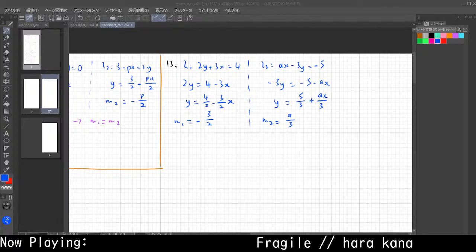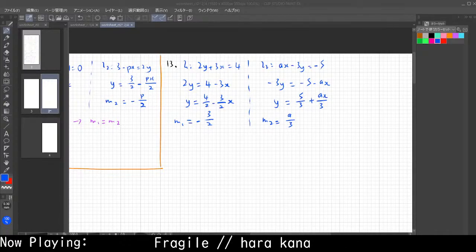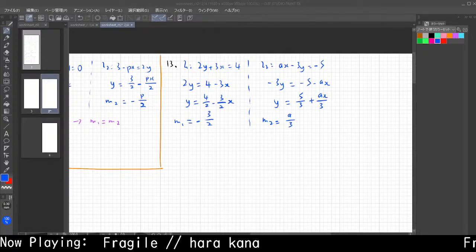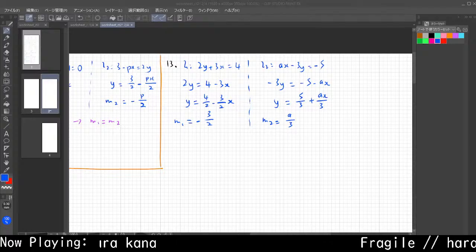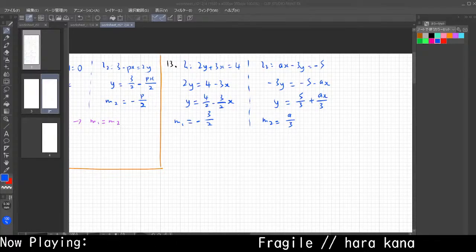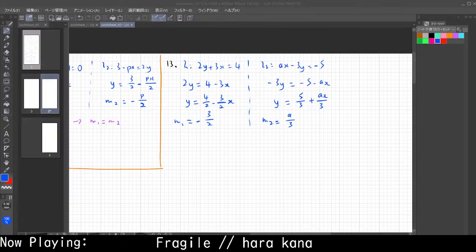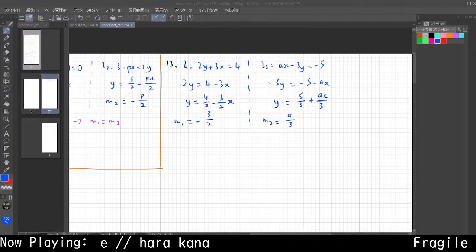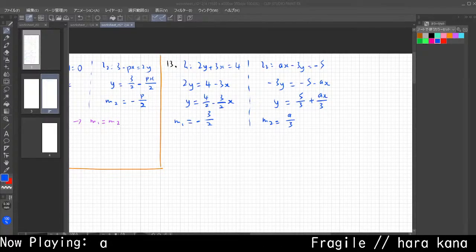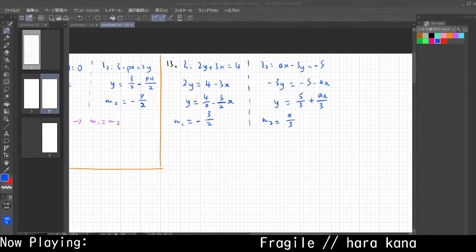Oh, no wonder the music stopped because it crashed. Okay, give me a moment. I have no idea why it crashed. Why did the music disappear? I'm not sure I want to play this on stream.